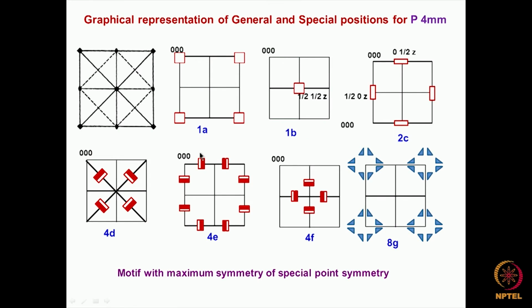Now let us look at what happens if the motif is not an atom, which has infinite symmetry, but has some finite symmetry. Then where will we keep it?